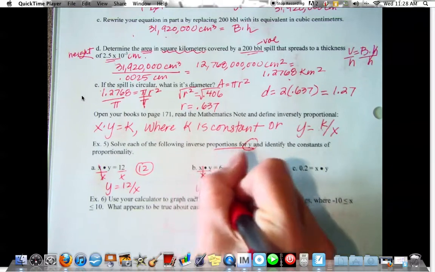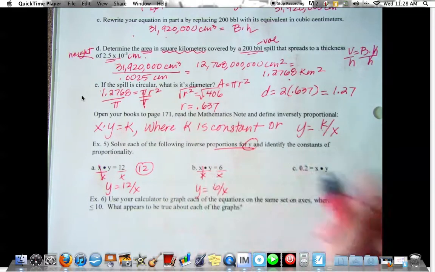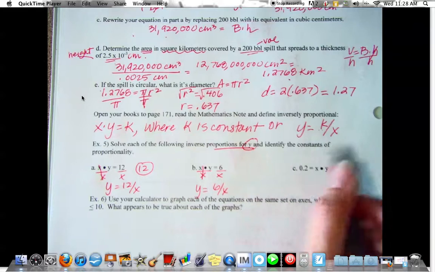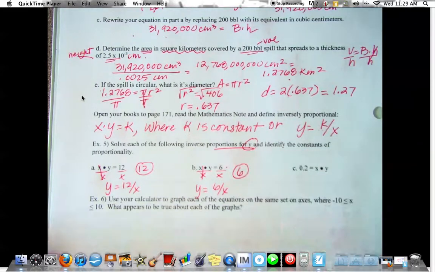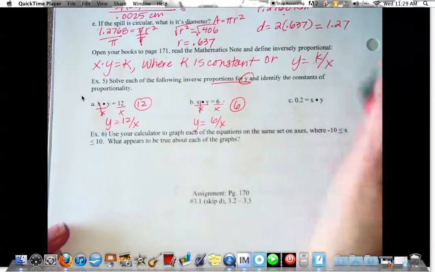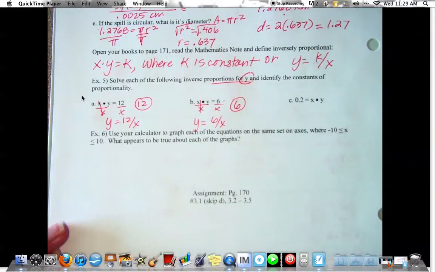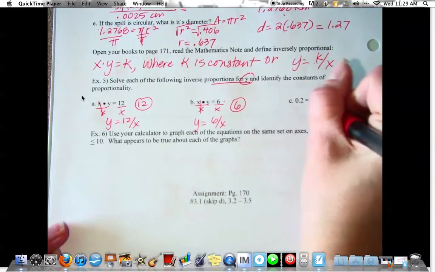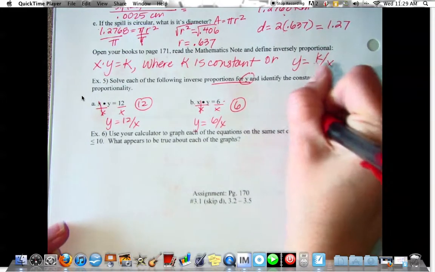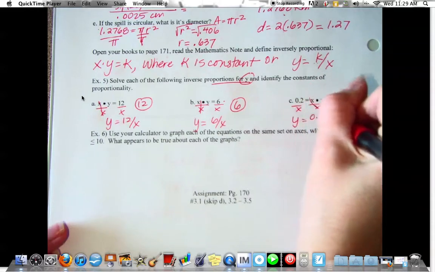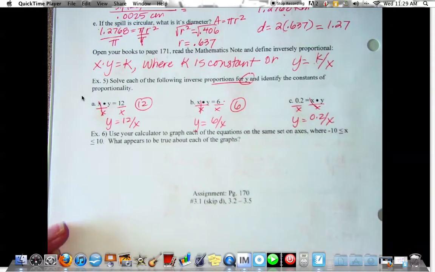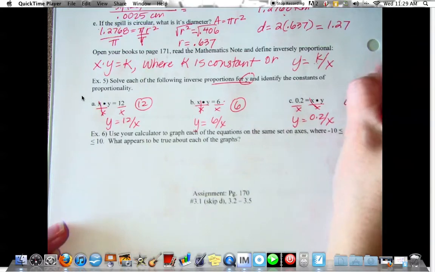Y equals 6 divided by x. And our constant of proportionality, the number on top, 6. C, 0.2 equals x times y. Divide both sides by x. Y equals 0.2 divided by x. And our constant of proportionality, 0.2.